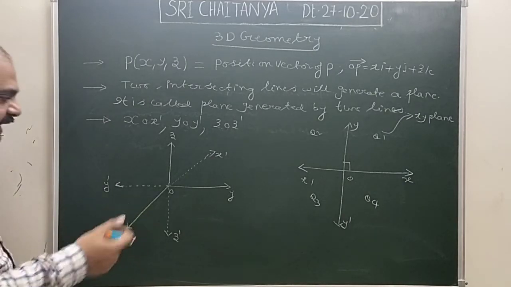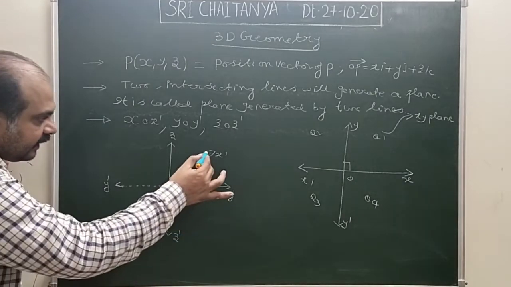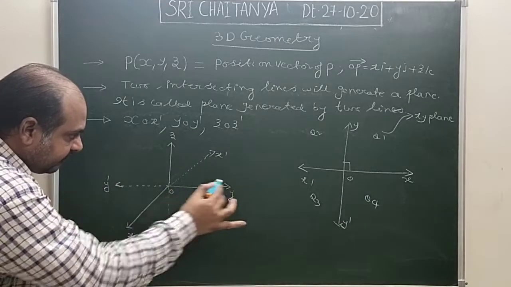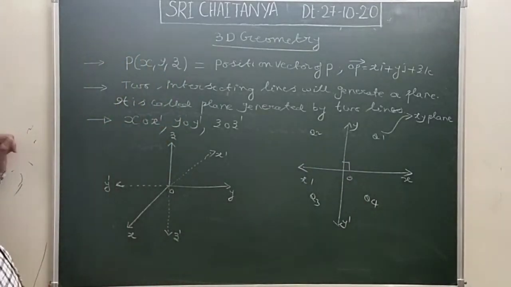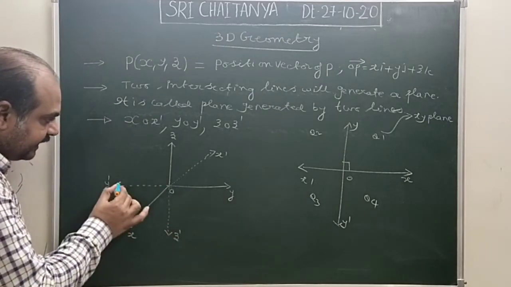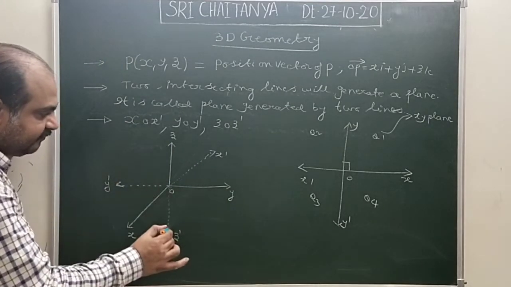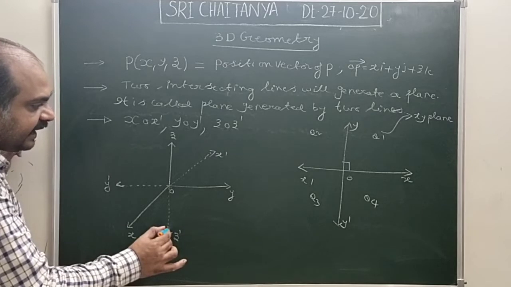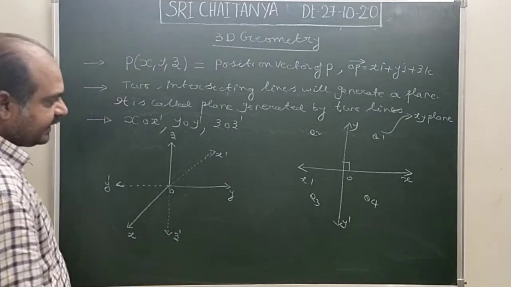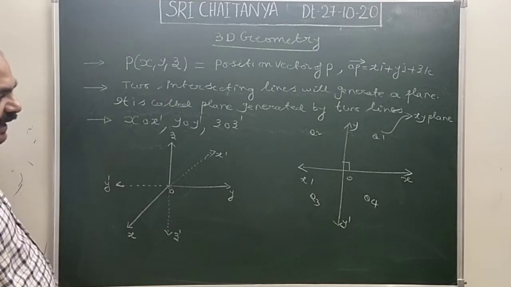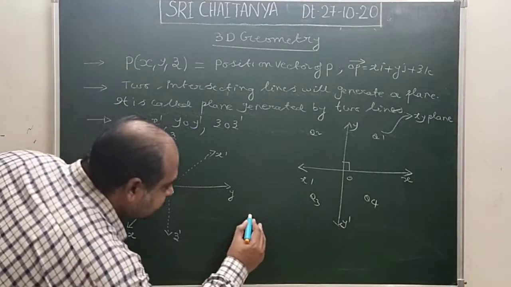So these are three intersecting lines. Look at XOX', YOY'. If they intersect, the XY plane is generated. YOY', ZOZ': if they intersect, the YZ plane is generated. Similarly, XOX' and ZOZ', the ZX plane will be generated.